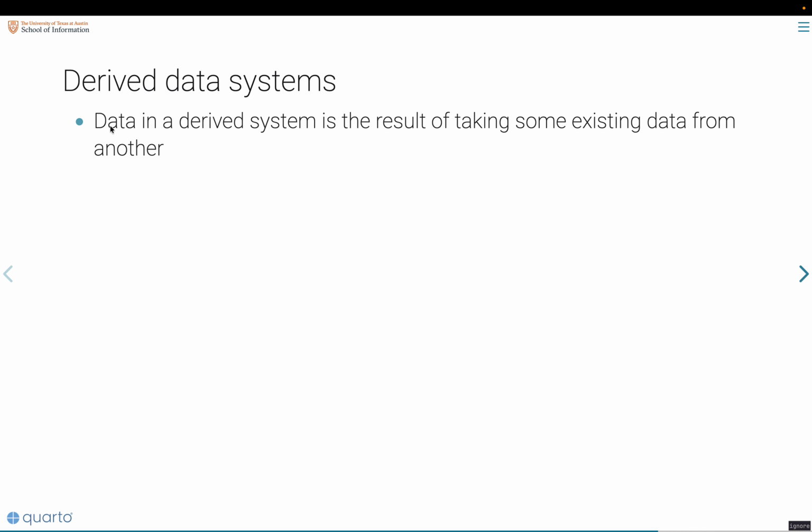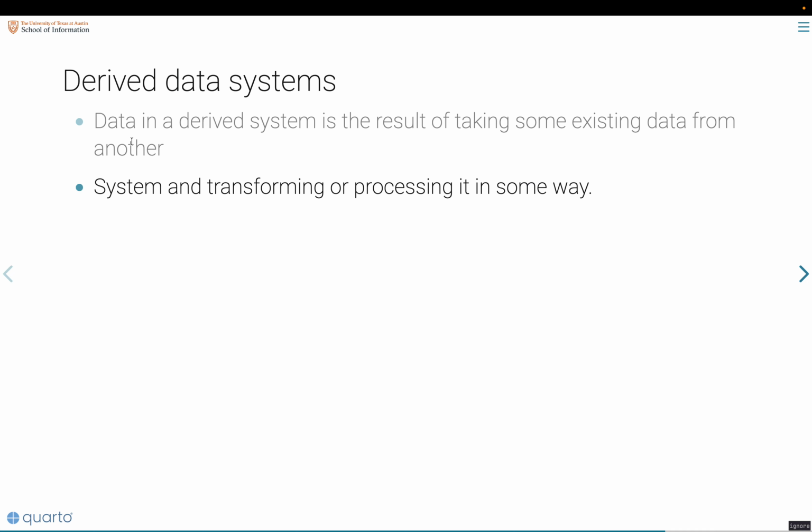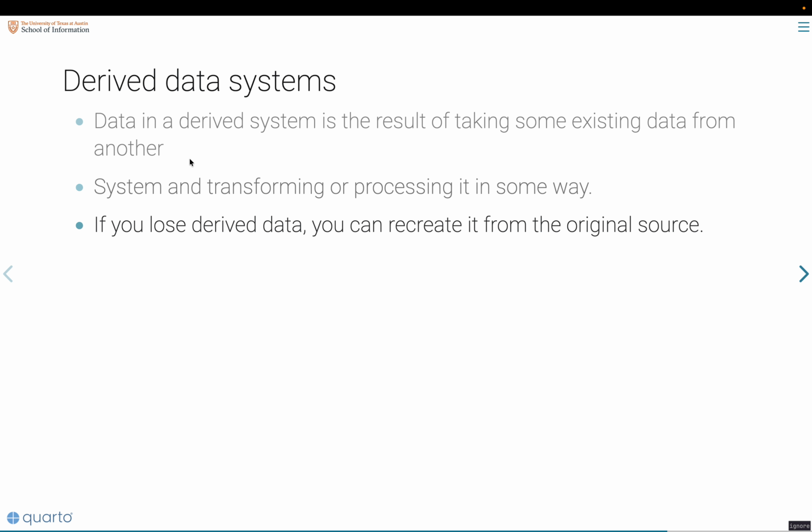So there are also derived data systems like data warehouses, and these are the result of taking some existing data from another system and transforming or processing it in some way. This got garbled. There shouldn't be a bullet point here. The word system should go right here.